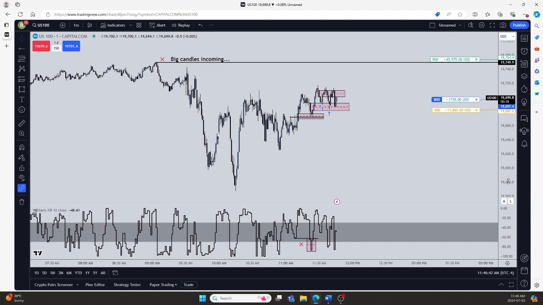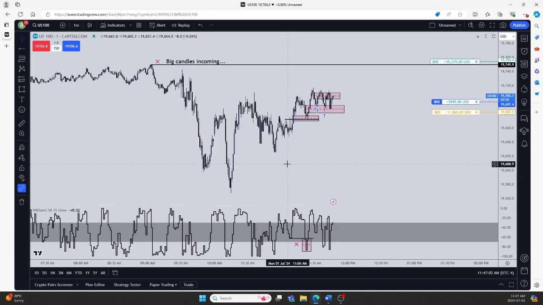I will say this, if we do move higher and take out these highs, it's going to do so with a lot of speed. Like you're going to see candles like this. Here we go.